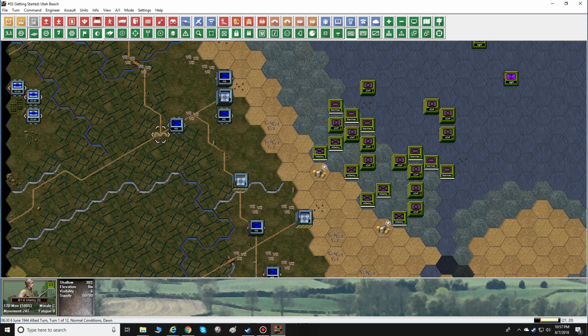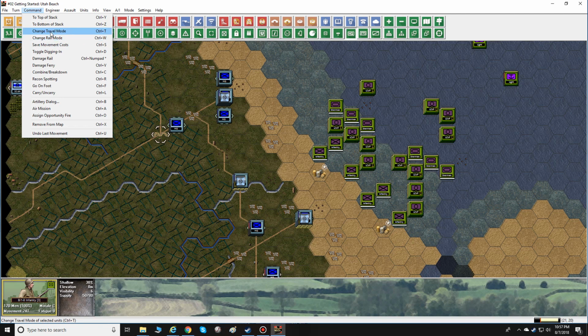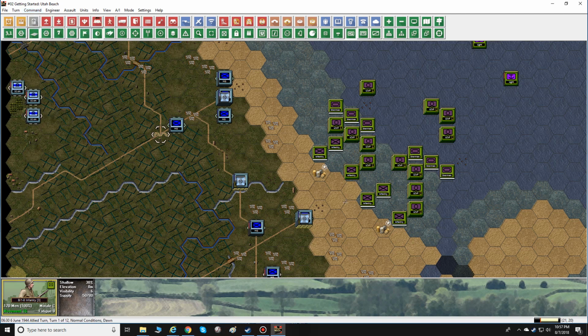Maybe some of you understand that concept already. But we're right here on the beach, wading ashore, and I don't think I want to be taking extra damage from the enemy. So I want to highlight my unit and then just change travel mode so he's no longer in travel mode.